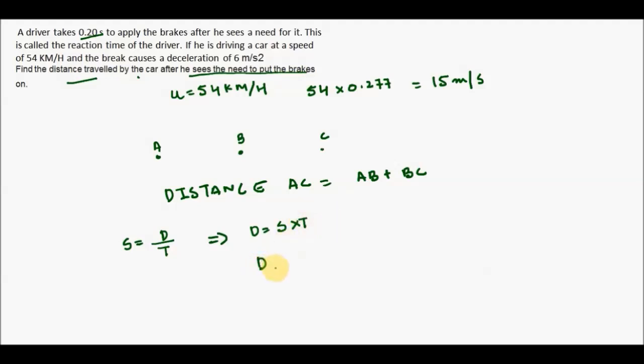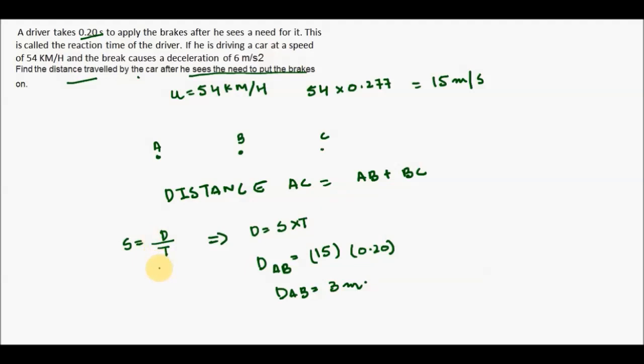Now distance AB will be simply the speed from A to B, that was simply 15 meters per second, and the time between AB is simply 0.2 seconds, so I'll write it here. So the distance AB will come out to be simply 3 meters, right? So 3 meters, we have got our first solution.